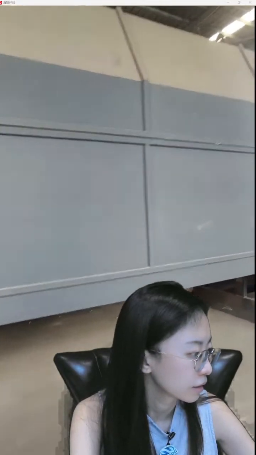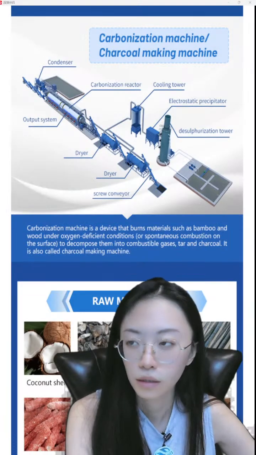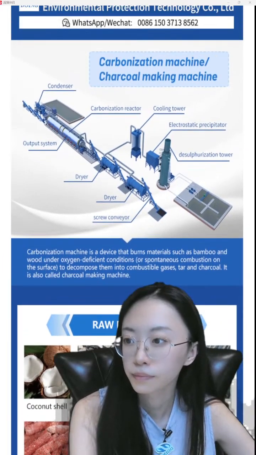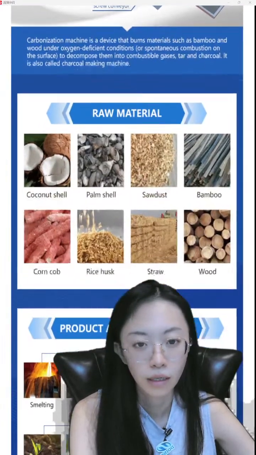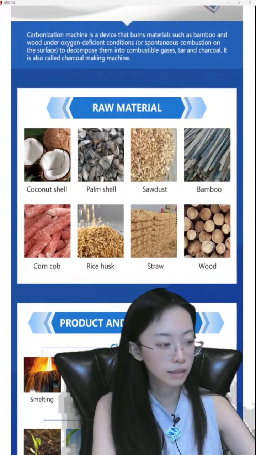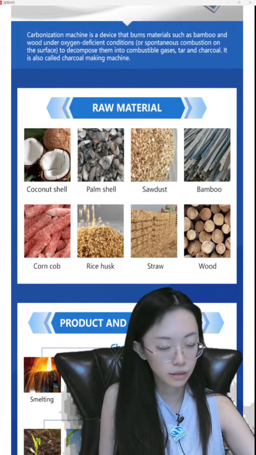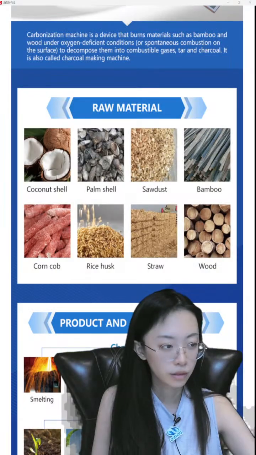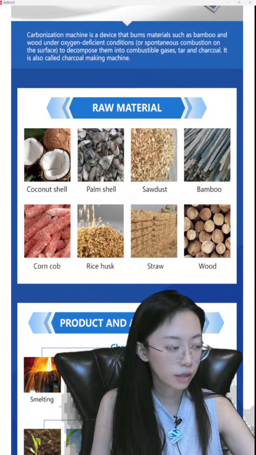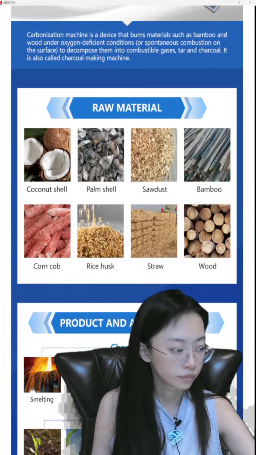Okay, let's go back to the catalog. Here's the raw material that we can process. Besides this kind of biomass, with some sludge or some rubbish, we can also process it and get the charcoal.